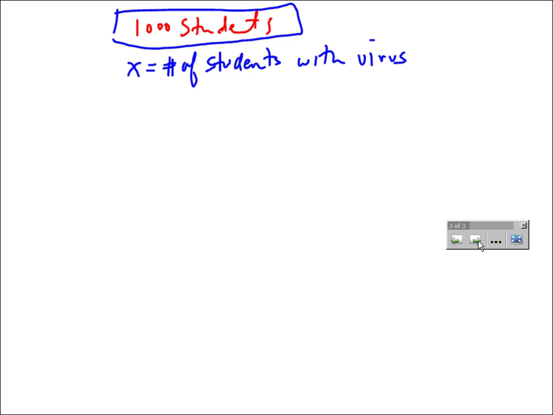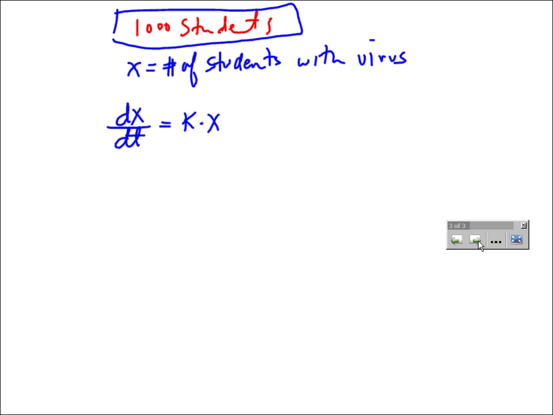If it is assumed that the rate at which the virus spreads, that's dx dt, is proportional to, equals k, is proportional not only to the number of infected students, which is x, but also to the number of students not infected.